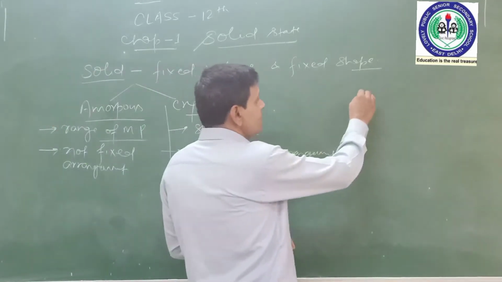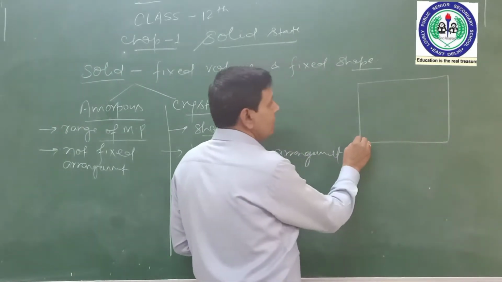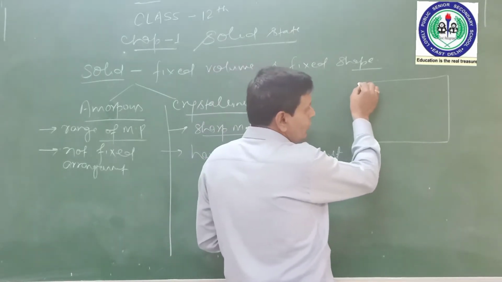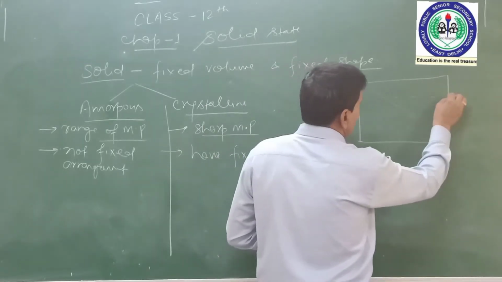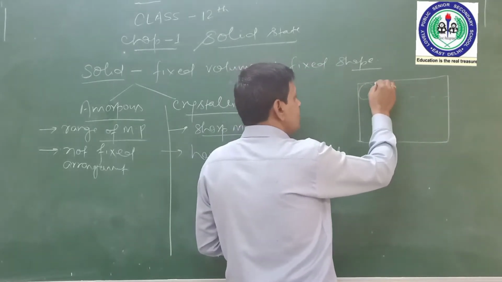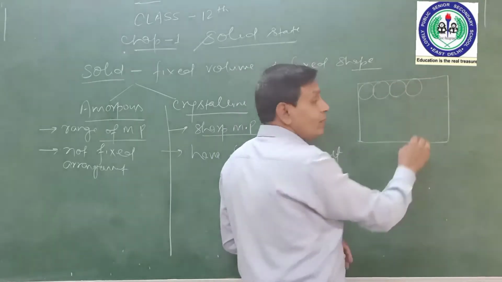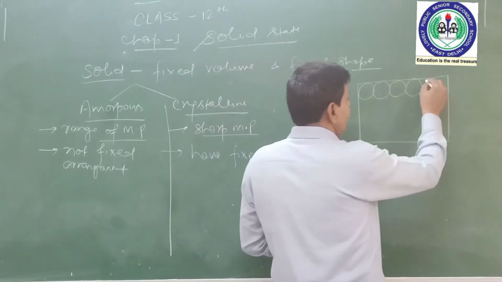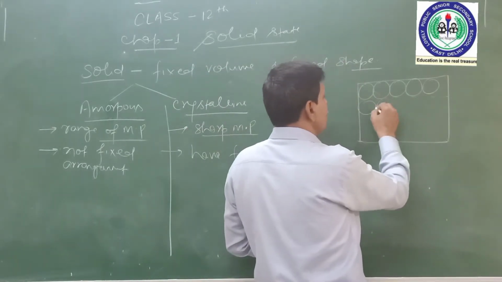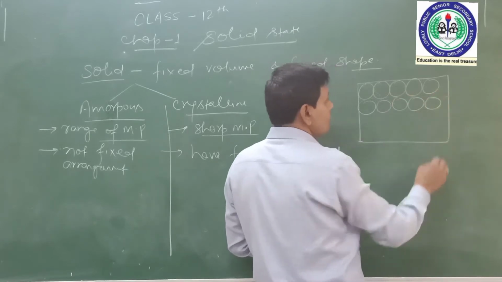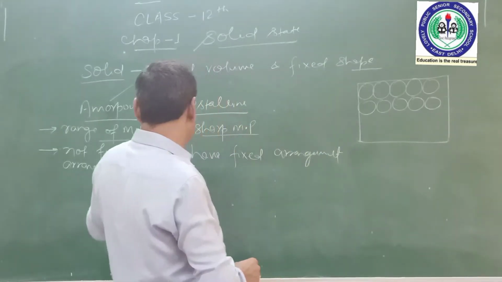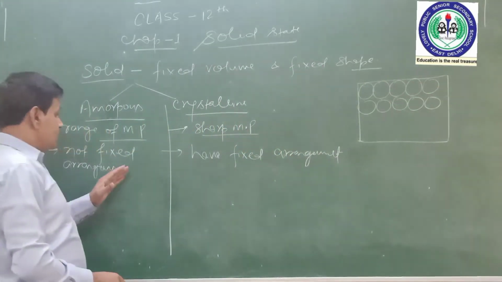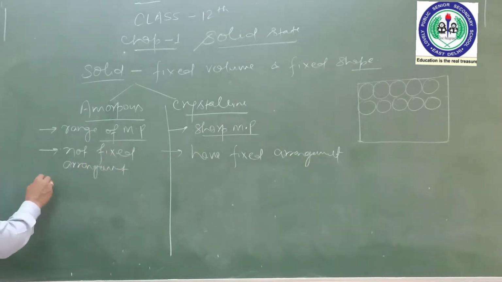If you consider this is a part of the solid, and this is a crystalline solid, if you consider the diagonal or any cross section, a fixed number of spheres, and a sphere could be an atom or ion, anything, is present in the entire range of any cross section. This is called crystalline. But in case of amorphous, there will be no fixed number, no fixed arrangement. This is how you can distinguish amorphous and crystalline.